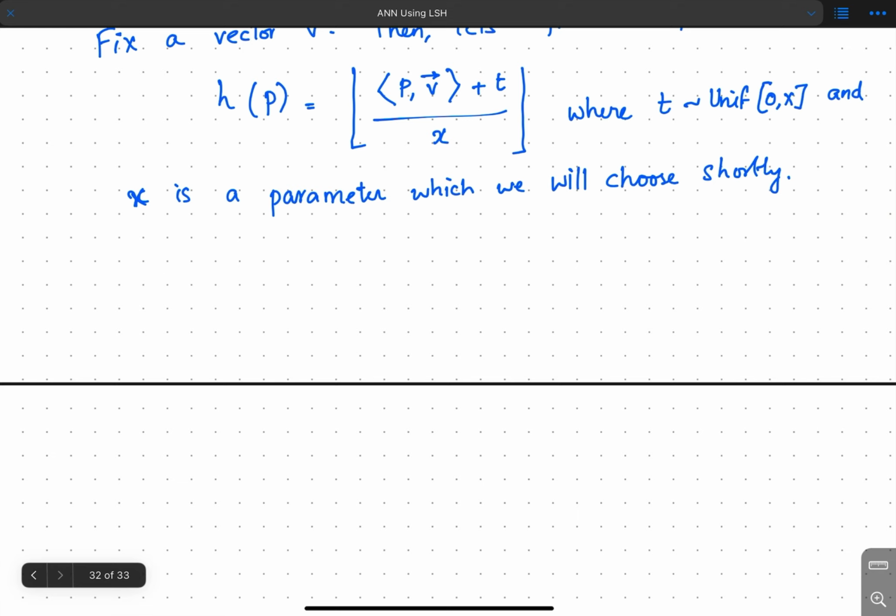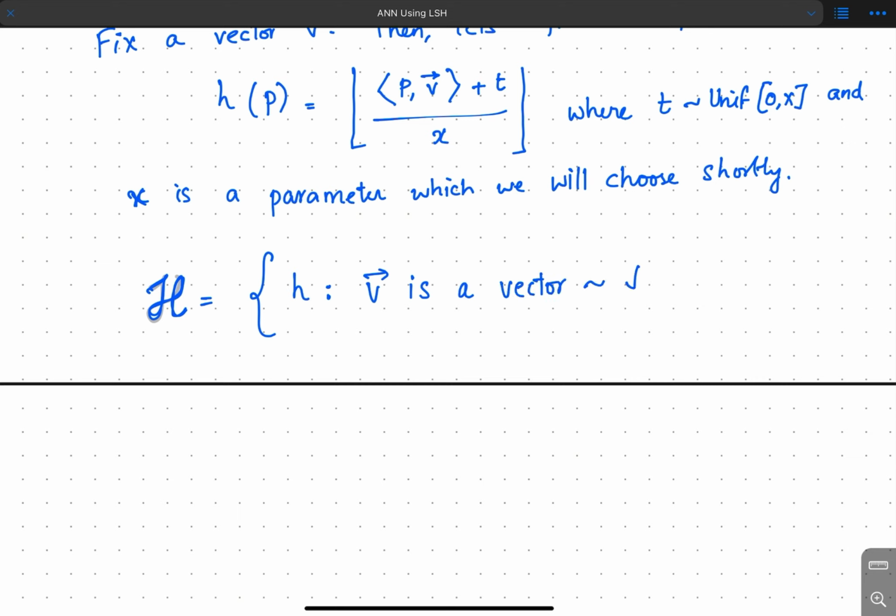Okay, so now what is my hash family going to be? My hash family is going to be the collection of these functions h, where v bar is a vector sampled from the d-dimensional normal distribution, the multi-normal distribution.